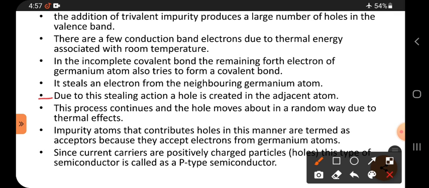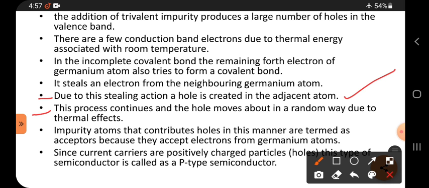Due to this stealing action, a hole is created in the adjacent atom. This process continues and the hole moves about in a random way due to the thermal effect.